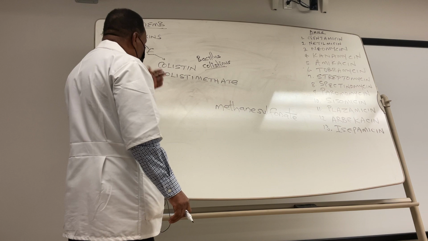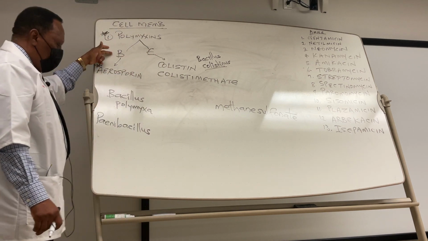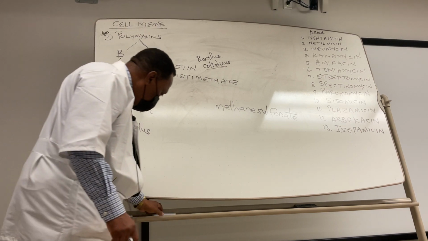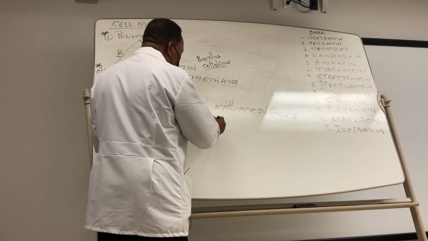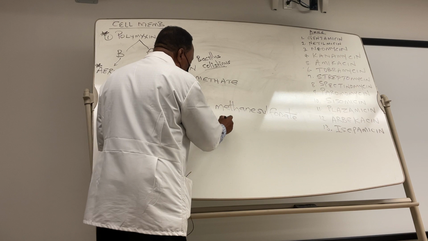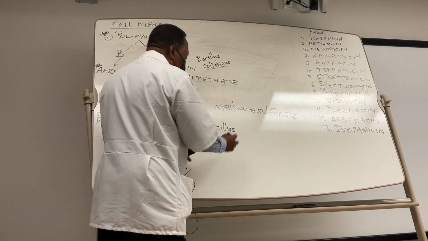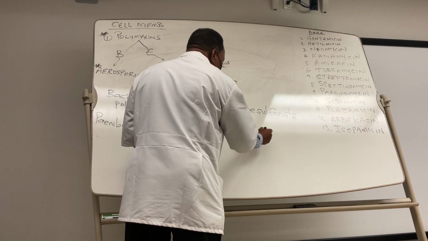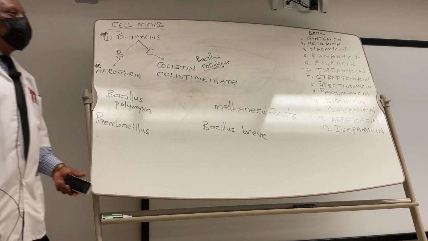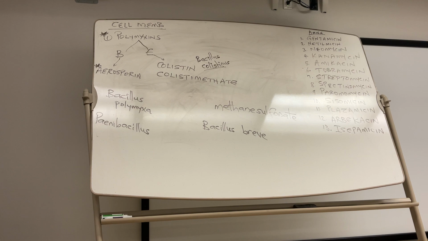Now, the other agent that we had mentioned before that also came from the Bacillus species is your gramicidin, and that was produced by Bacillus brevis. Okay.